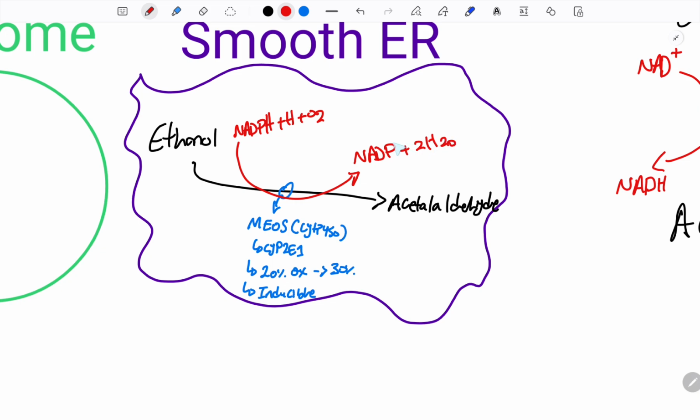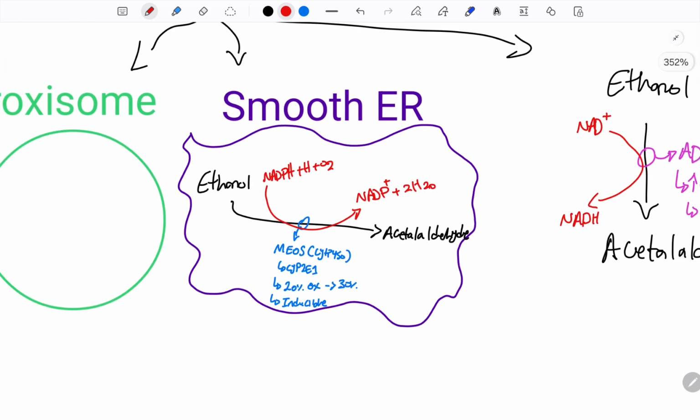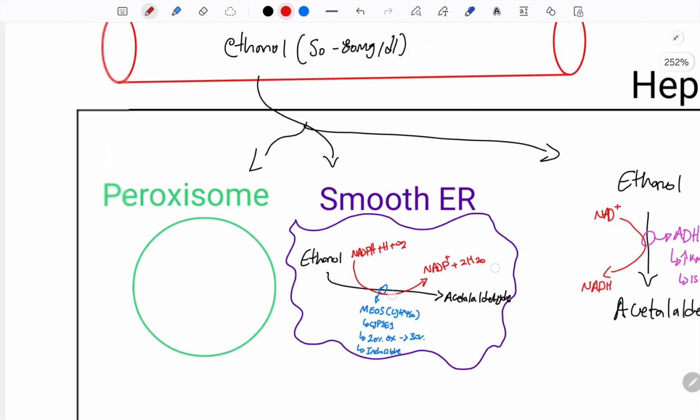So this is the kind of reaction that's occurring in the smooth ER. And I can go into more detail on this, for example, there are flavoproteins involved, like FMN and FAD, but again, it's not a biochemistry video, so we won't go into that much detail.